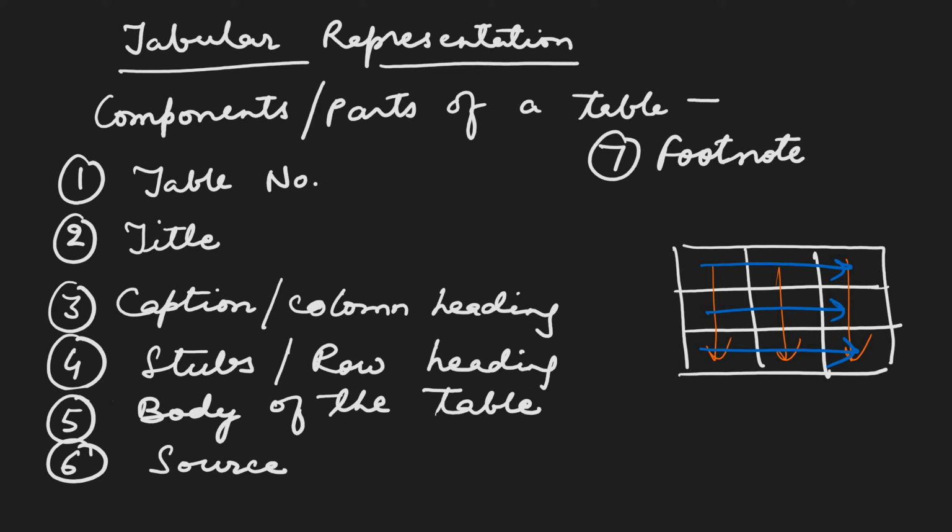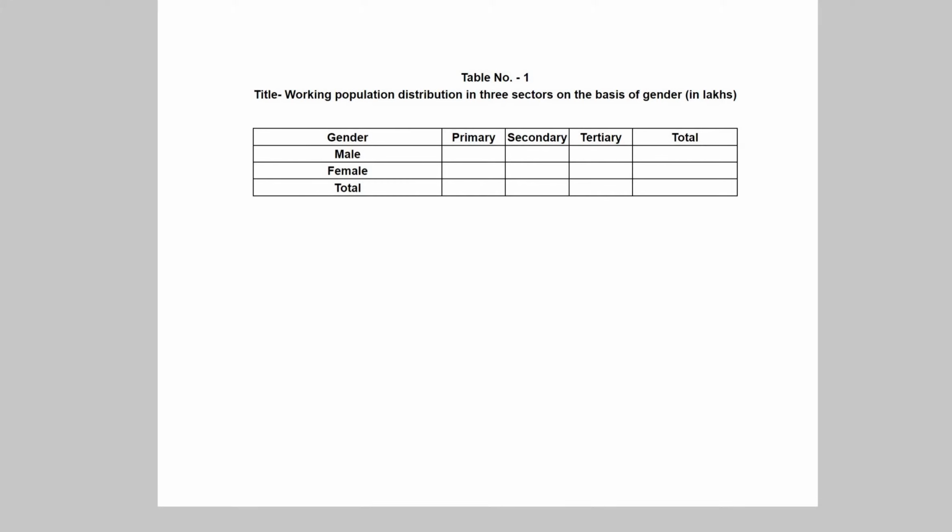So in this table there are 3 columns and 3 rows. I hope it is clear to you. Now we will see each component in detail.